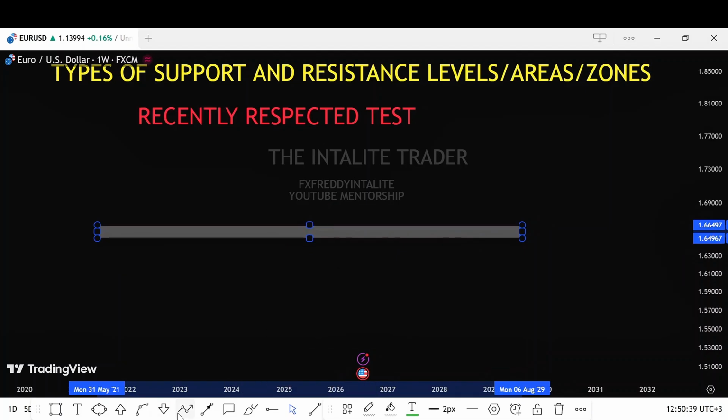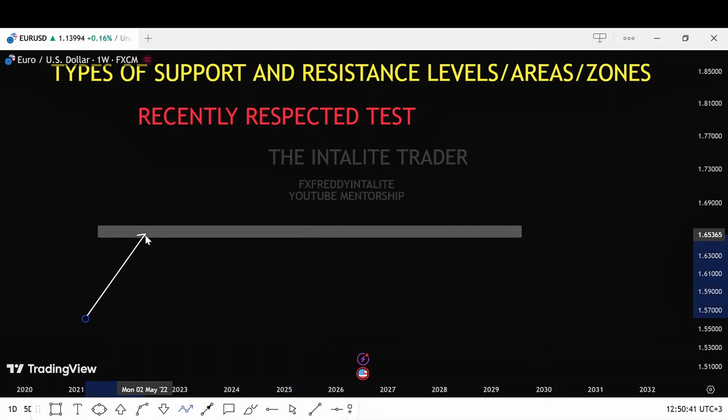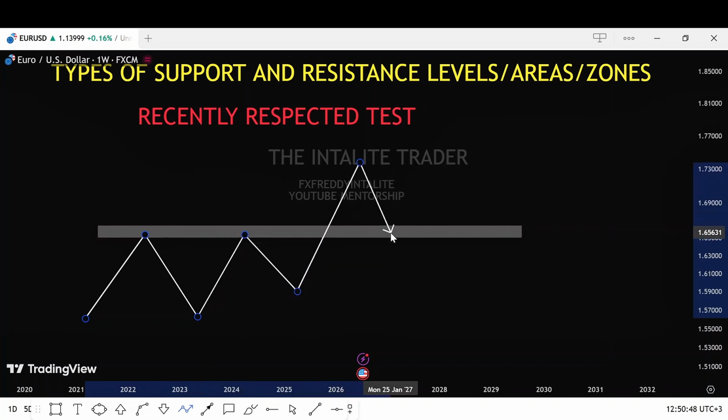You can have price, let's say maybe price has been here, it comes back into a level, it breaks above and comes back into a level. So there are high chances of price respecting this level.